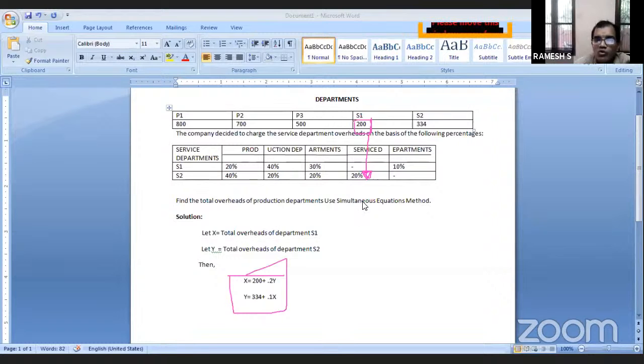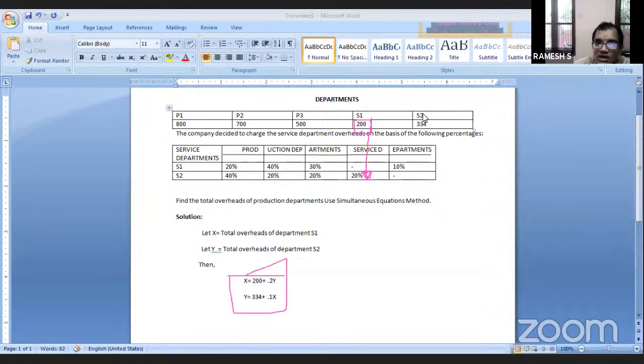So how to apportion them? In the problem you have been asked to calculate with the help of simultaneous equations method. These two are the equations that we have arrived at. How we got there, I am again explaining. Please see. First of all, service department S1 expenses you have to assume as x.